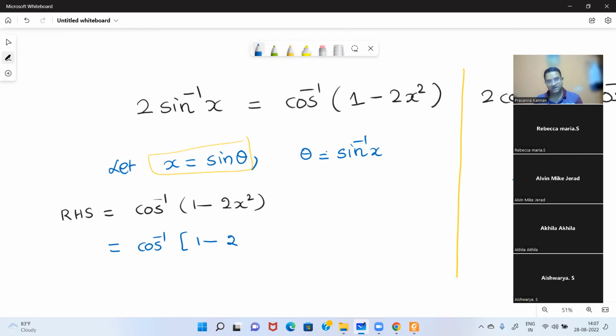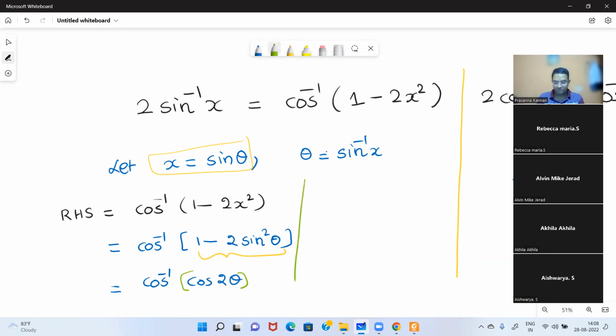Sine theta. So x square will be sine square theta. Have you seen this anywhere? 1 minus 2 sine square theta. Cos 2 theta. So cos inverse of cos 2 theta, correct? What is cos inverse of cos 2 theta? 2 theta. But what is theta? Sine inverse x. So it will be 2 sine inverse x.